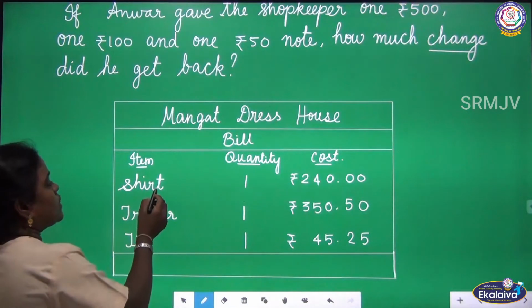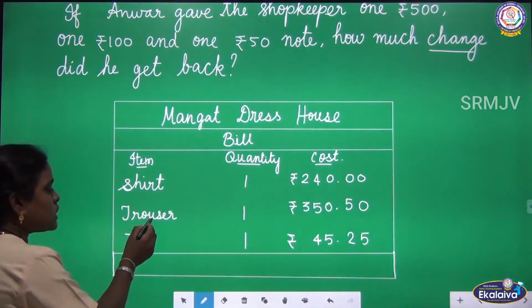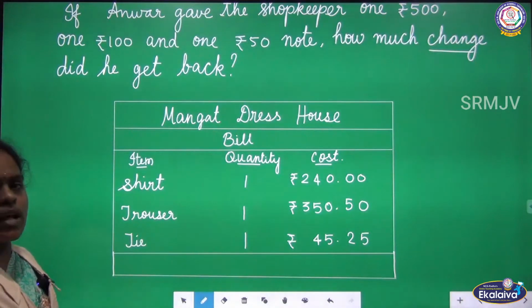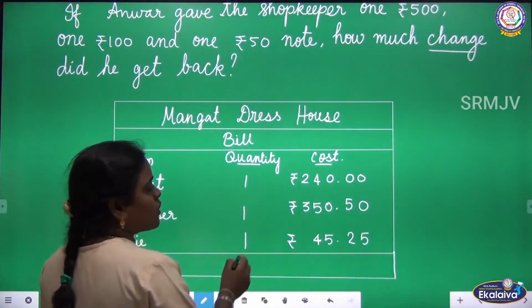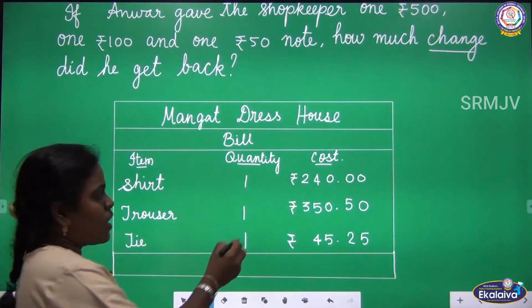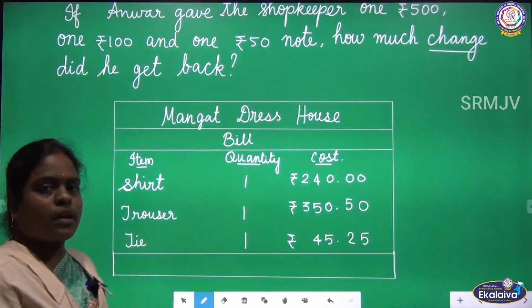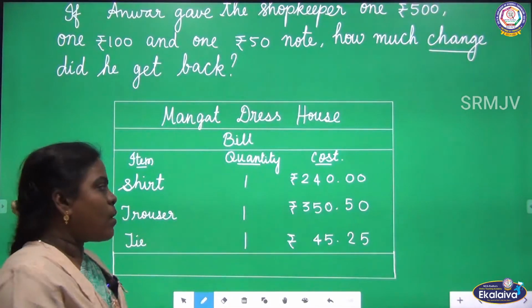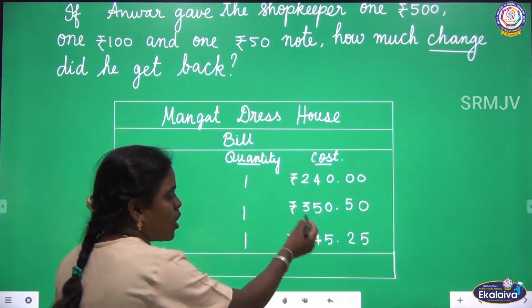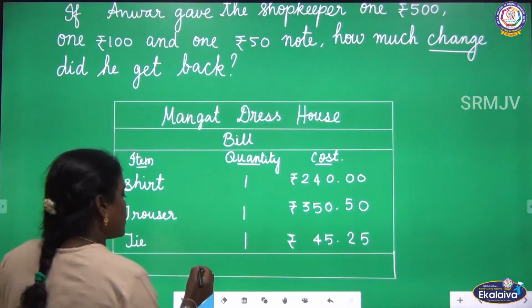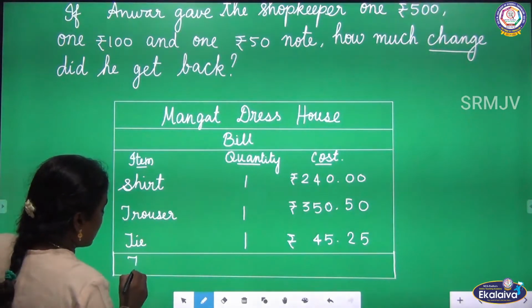So here he bought a shirt, trouser and tie, and for each the quantity is 1 and the cost of the thing is given. To find out the total amount, we are going to add all these costs. So let us find out the total amount.